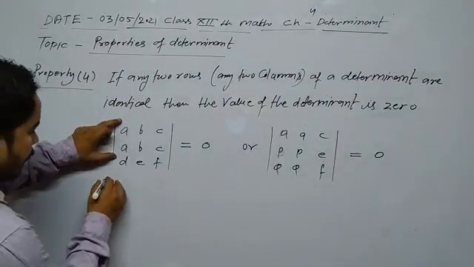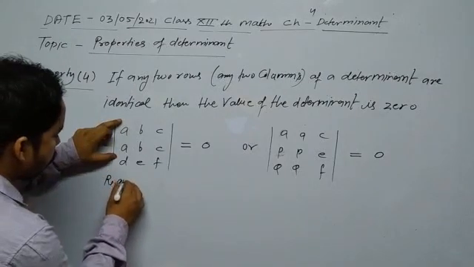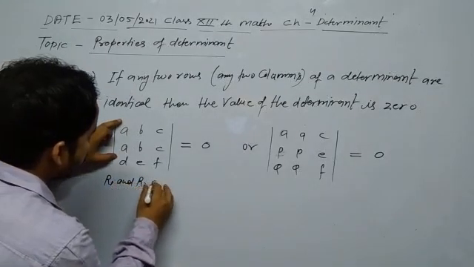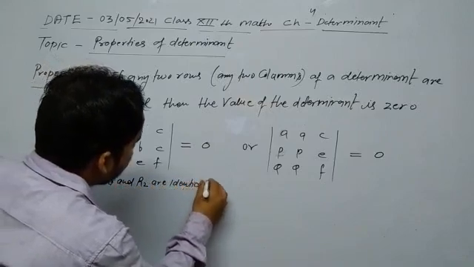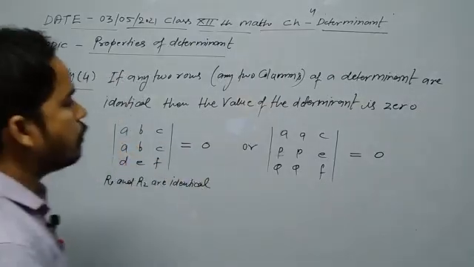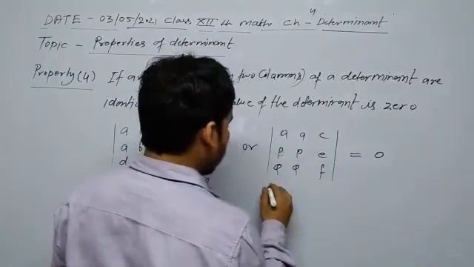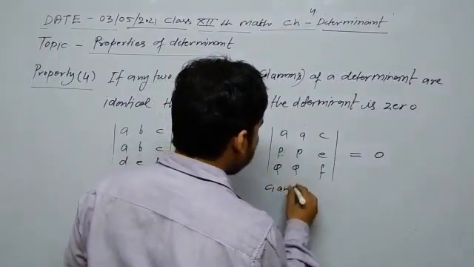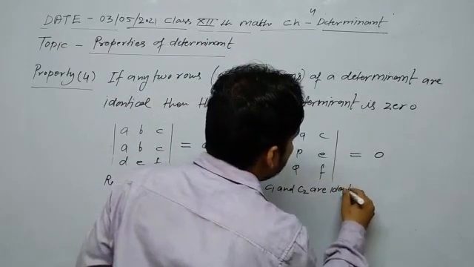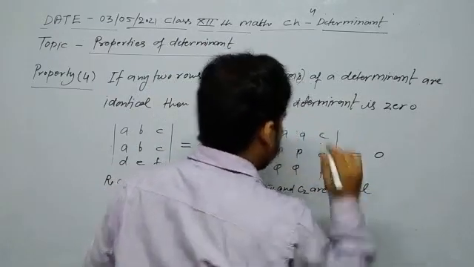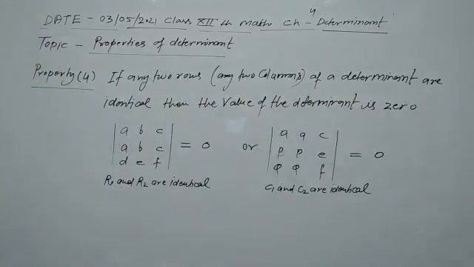R1 and R2 are identical. And in this determinant C1 and C2 are identical. See the example.